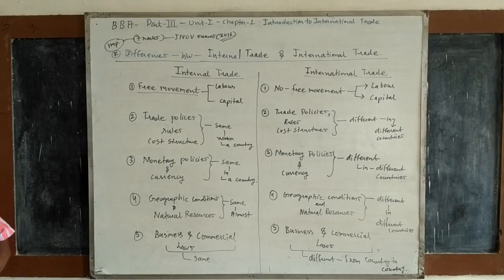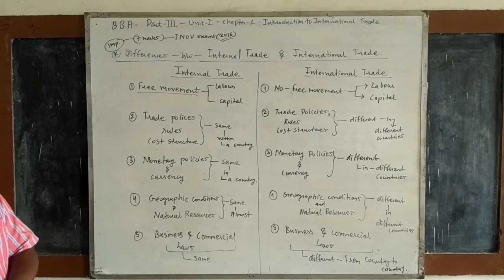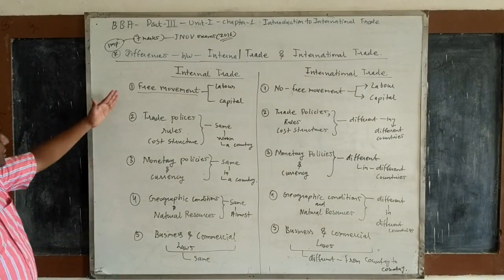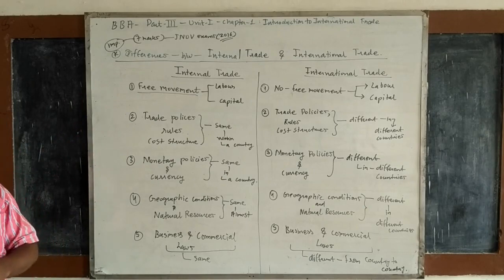In internal trade, there is free movement of labor and capital, while in international trade, there is no free movement of labor and capital. Free movement of labor and capital means people who are working in Rajasthan can freely go to Tamil Nadu or Maharashtra and work there.